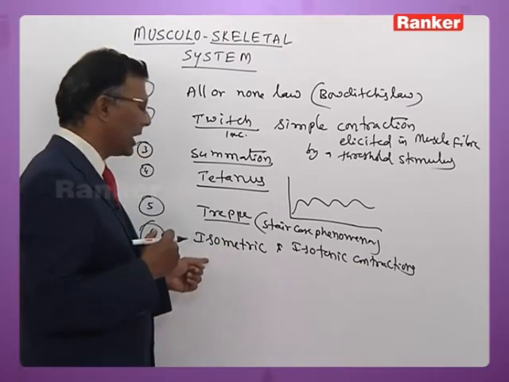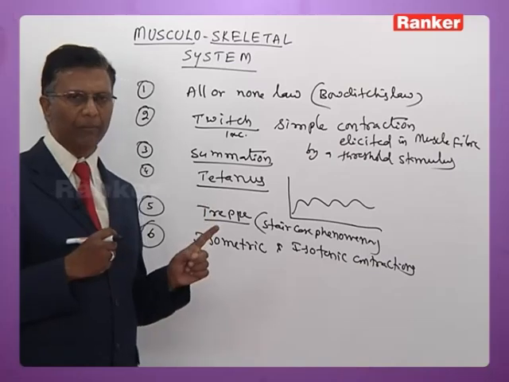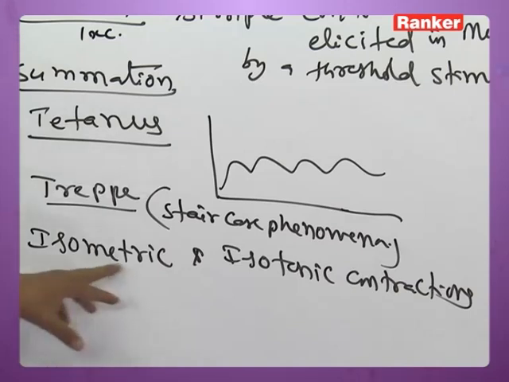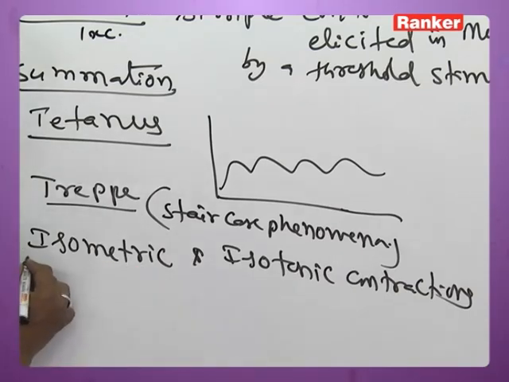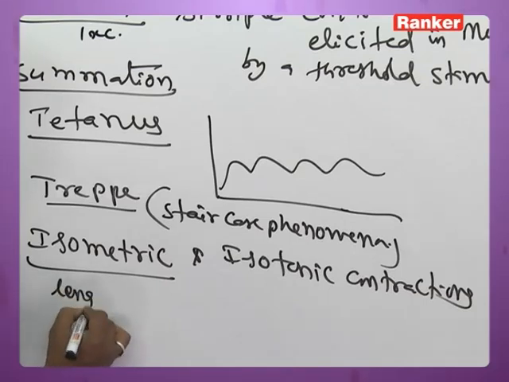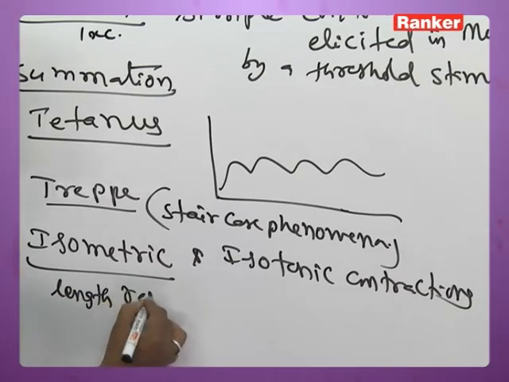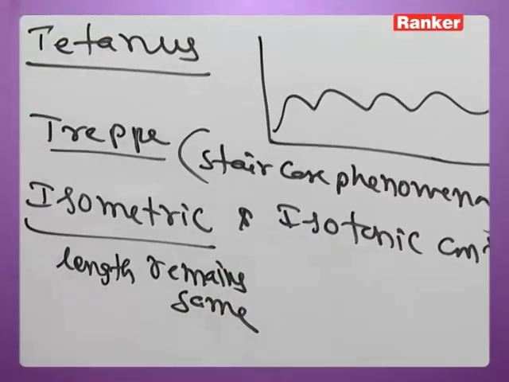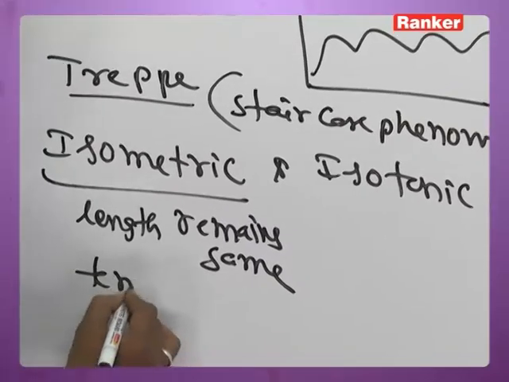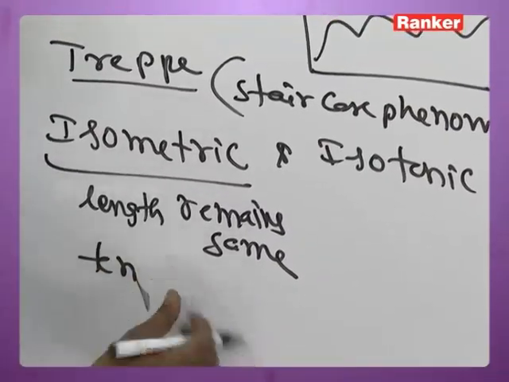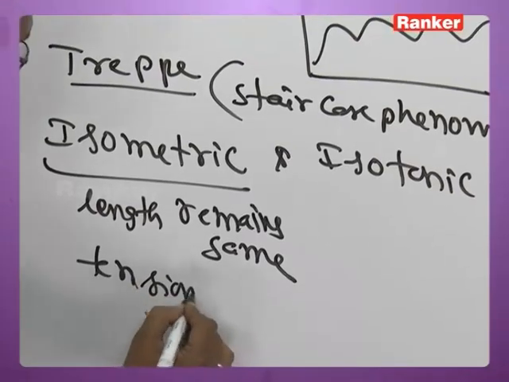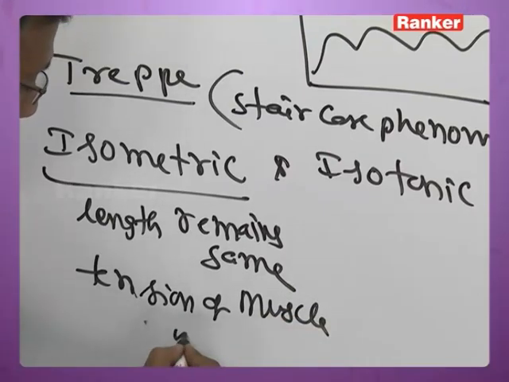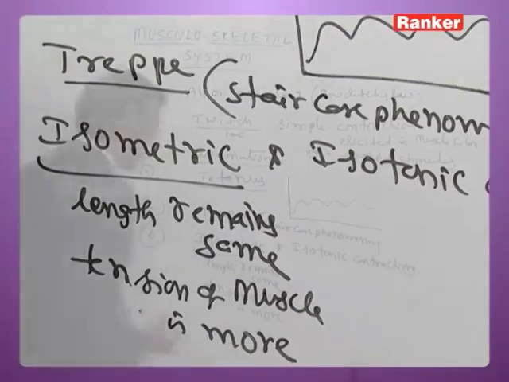So during contraction, if the length of the muscle remains the same but the tension of the muscle increases, you call it isometric contraction. So in isometric contraction, the length of the muscle remains the same, but the tension of the muscle is more. What is tension?